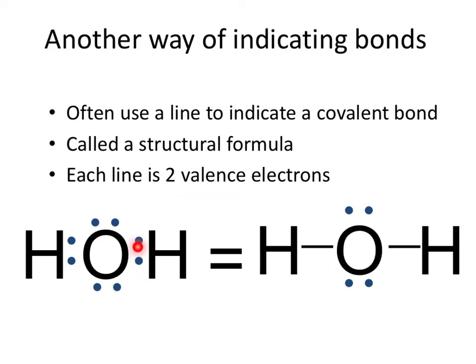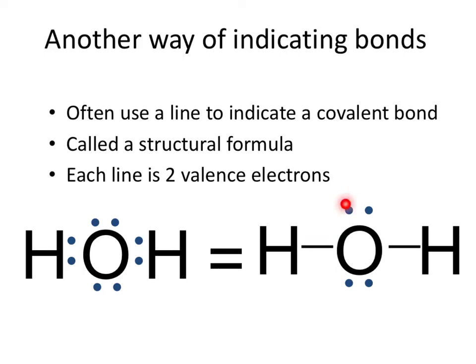So instead of drawing these dots between the oxygen and the hydrogens, you can draw a line. So this Lewis dot structure here is the same thing as this structural formula here. Instead of drawing these paired dots, we draw a line to represent a single bond.